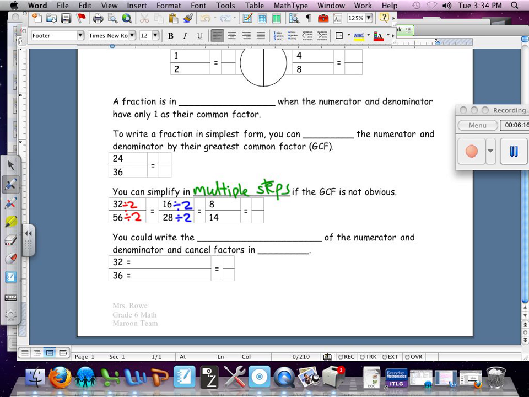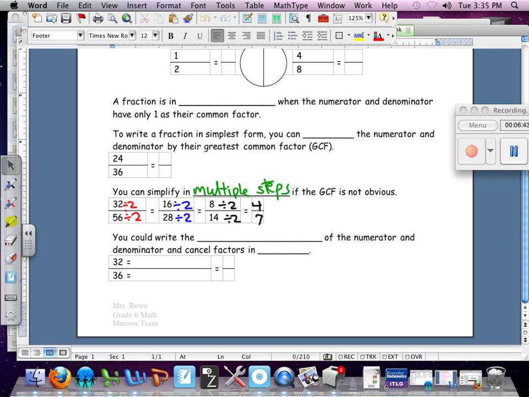Well, those are both even, they could be divided by 2, and we'd end up with a final simplified answer of 4/7, because 4/7 does not have any additional factors I could divide out. Now looking back at this, I divided out by 2, another 2, and another 2. I divided out by 2 three different times, so I could have initially divided out by 8. 8 would have been the greatest common factor.